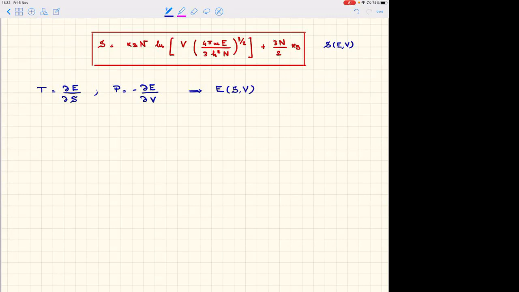Well, how do I do that? I just take the exponential of this, right?